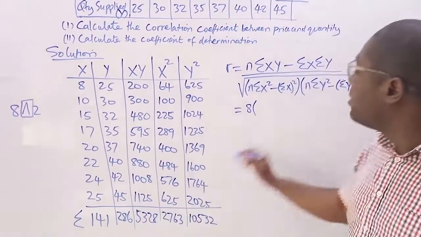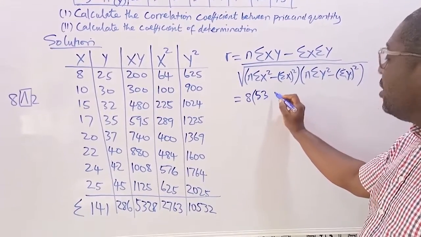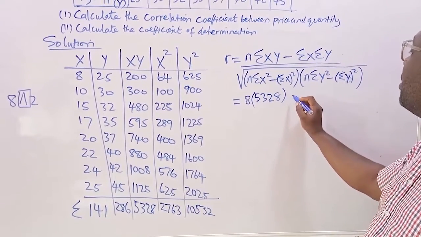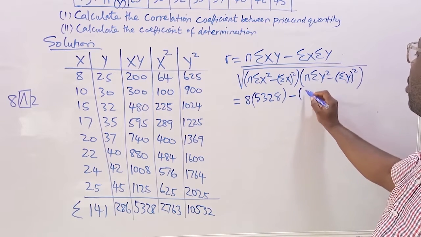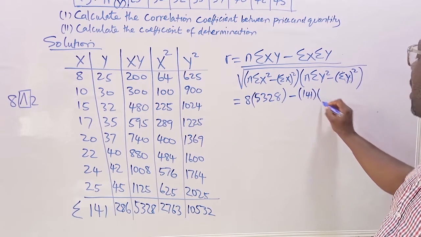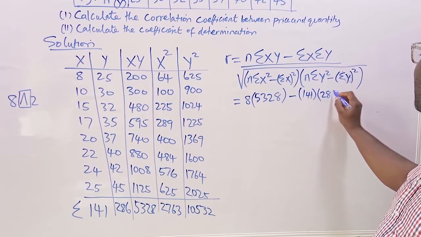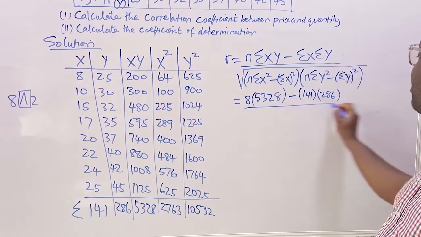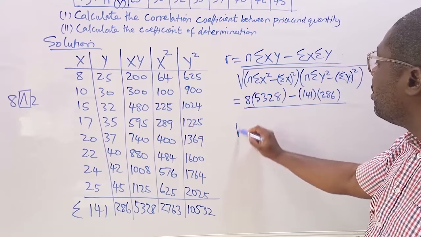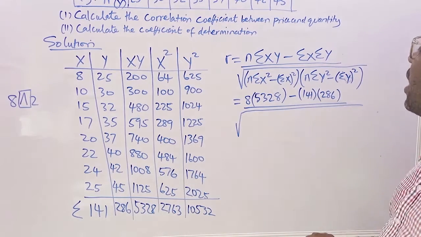We have this, that is 5,328. Then we have minus summation x is 141 times 286. That's summation y. Divided by, we have our square root long like that.